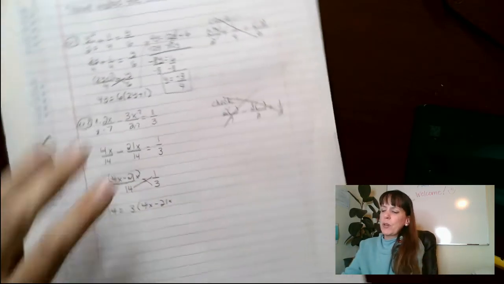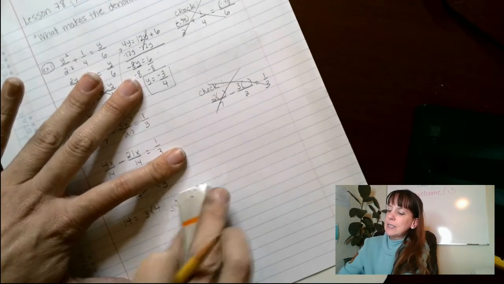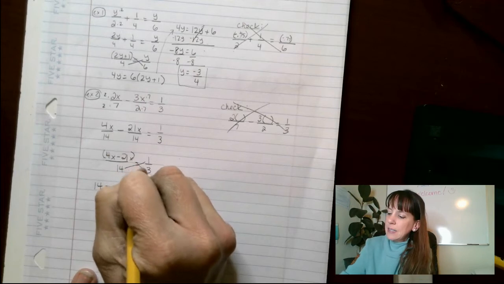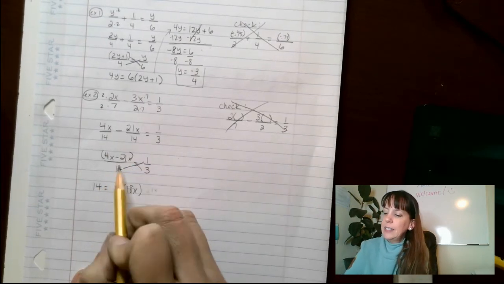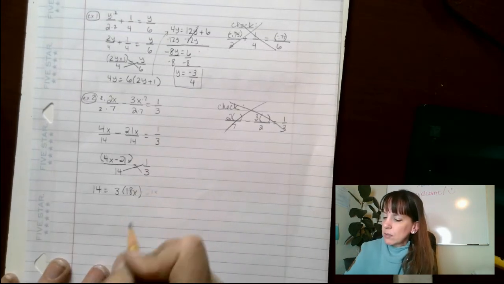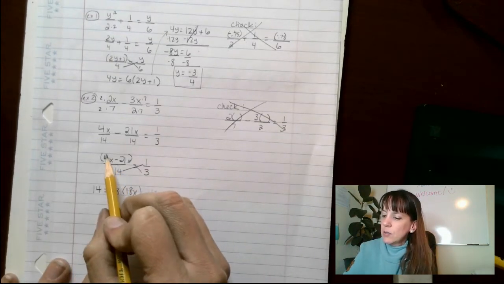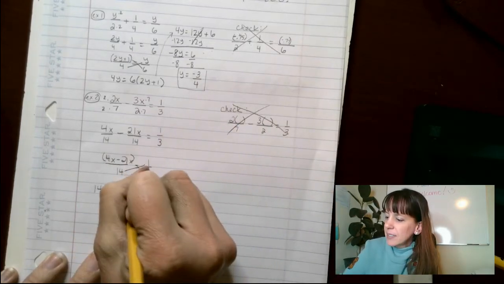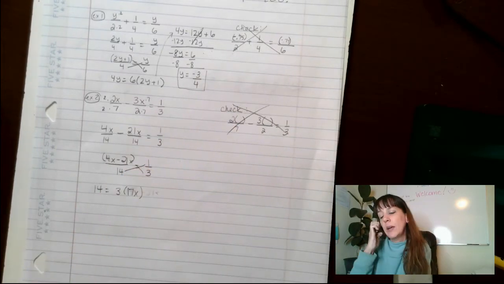Well, we can simplify that. Let's make it easier. So that is going to be 17x. Y'all, it's 17x.